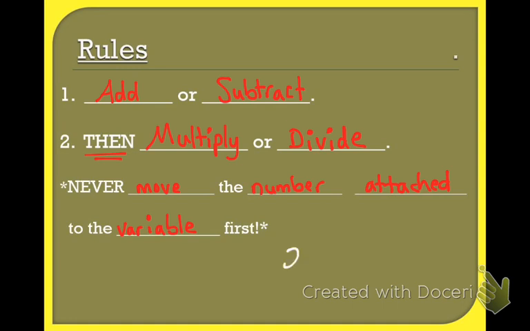So if you see this example, 2x plus 5 equals, let's say, 15, you want to always get rid of the thing that's not attached to the variable. The 5 is not attached to the variable, so we would get rid of the 5 first, then you would get rid of the number that is attached to the variable after that. We'll go through some examples here in just a minute.